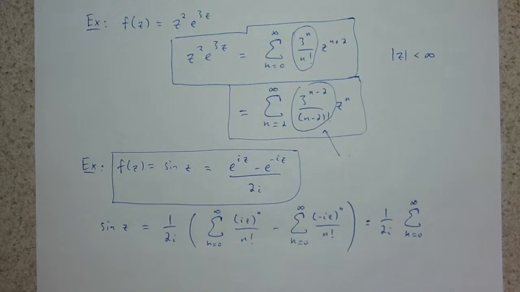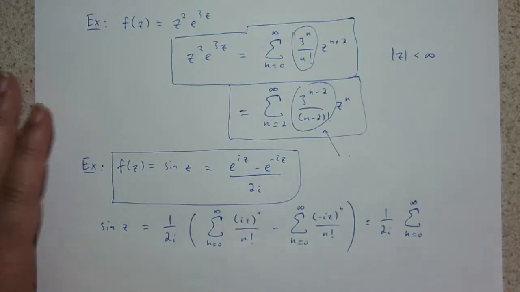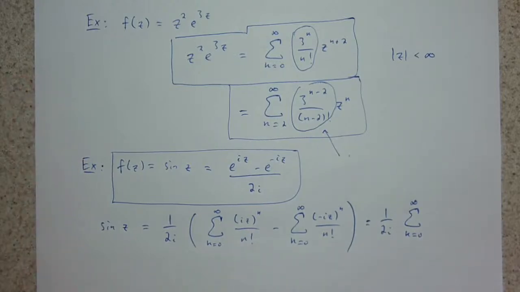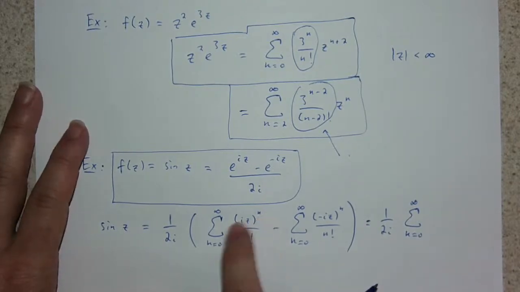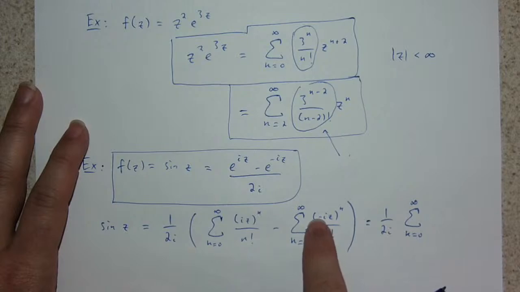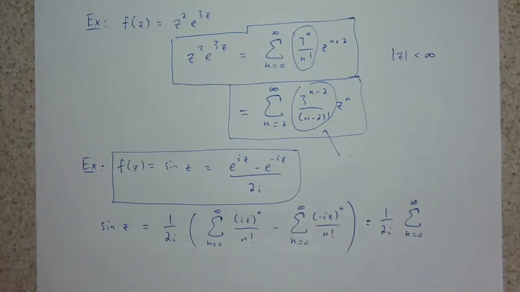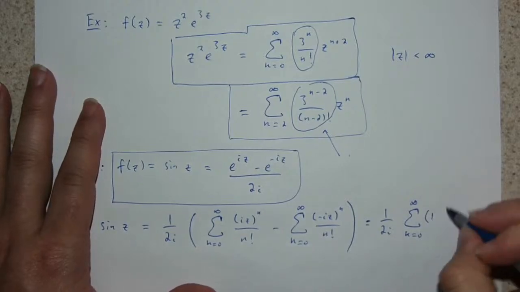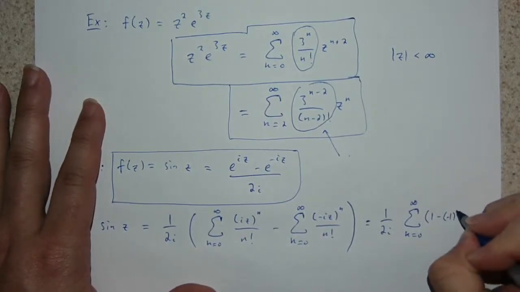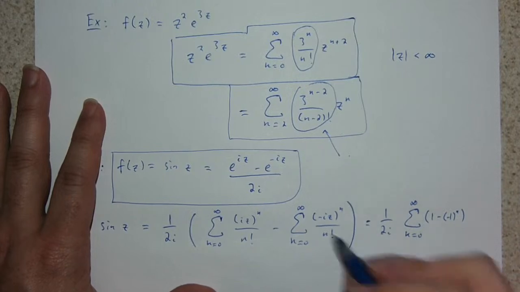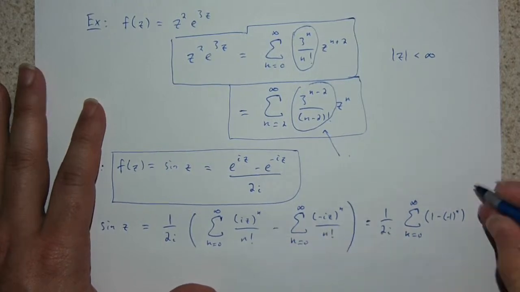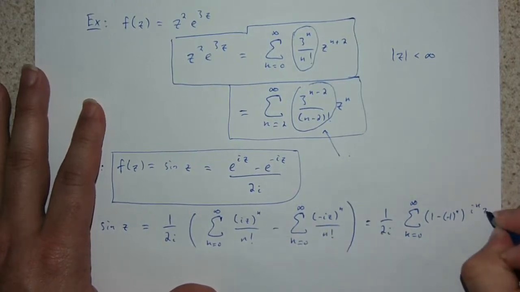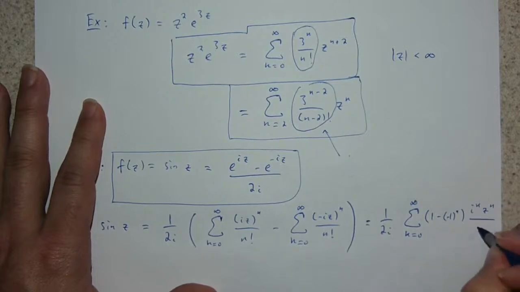So when I do that, what do I get here? The fact that I have 1 to the n here, and I have minus 1 to the n here, this is really 1 minus minus 1 to the n, times i to the n z to the n, all over n factorial.